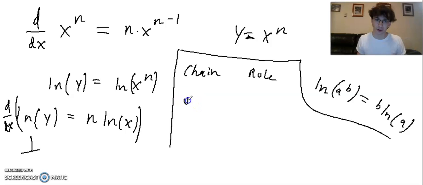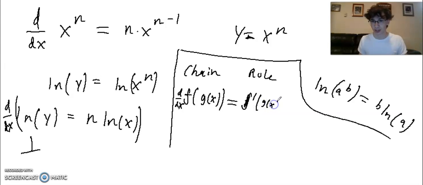If you have a function f of, say, g of x, then the derivative is going to equal f prime of g of x times g prime of x, where the derivative of this with the inside untouched is multiplied by the derivative inside. That was ugly. Let me explain.